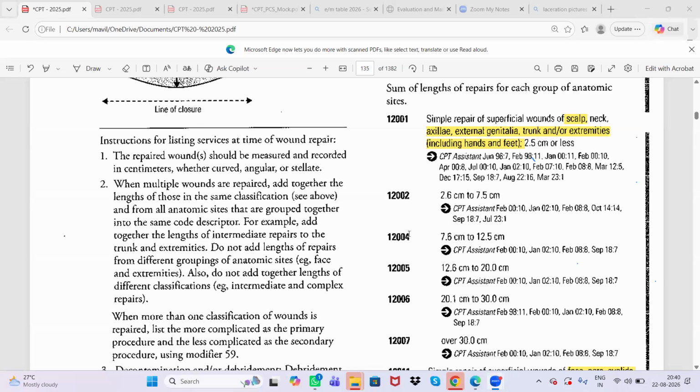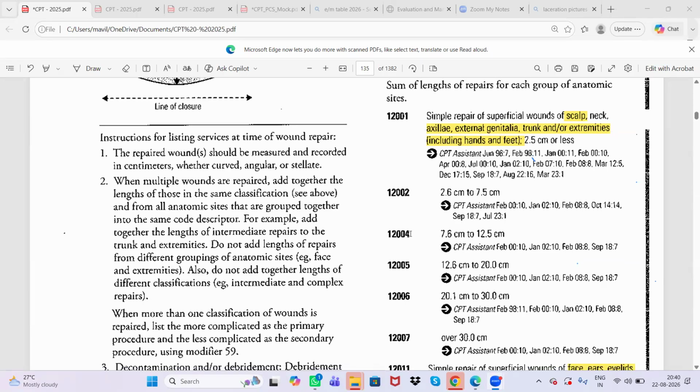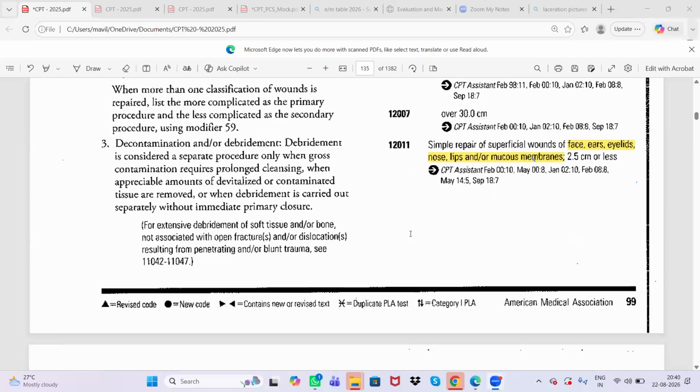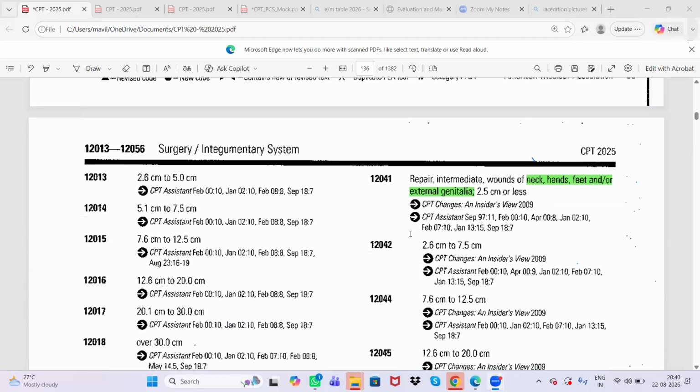So the question is: the patient had simple repair on axilla 5 centimeters, and on face, same simple repair, 5.5 centimeters.